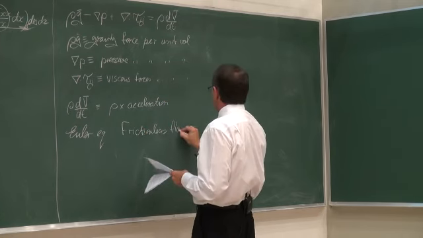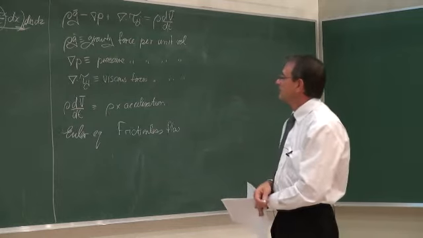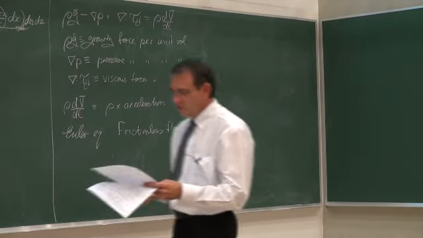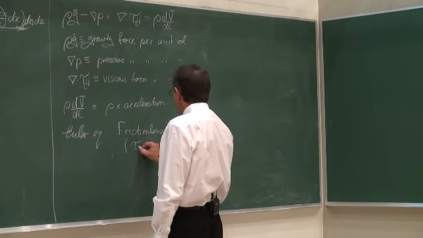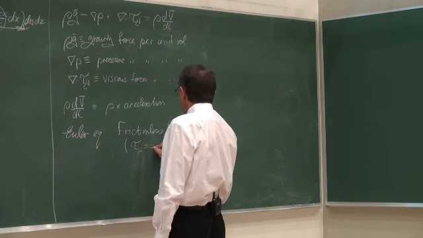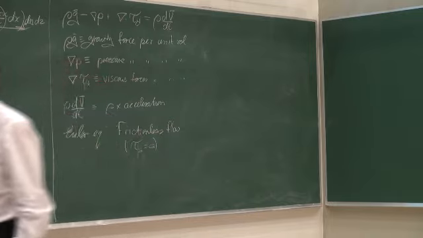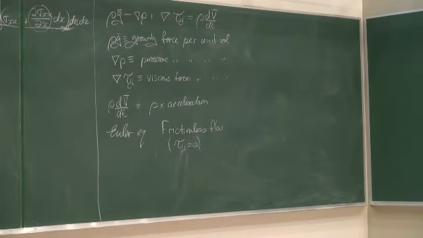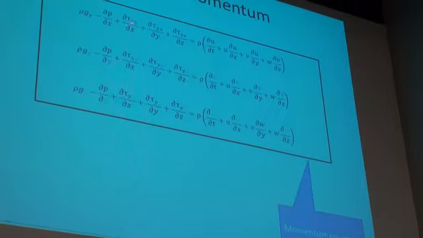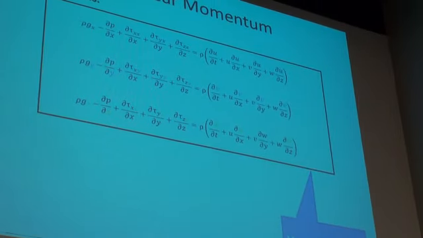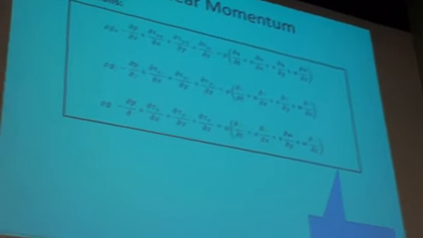If the flow is frictionless, it means that all the tau ij terms are equal to 0. So if we look at this linear momentum equation of ours, then we can take out those 9 terms, those 3 terms, those 3 terms, and those 3 terms, which gives us the Euler equation.